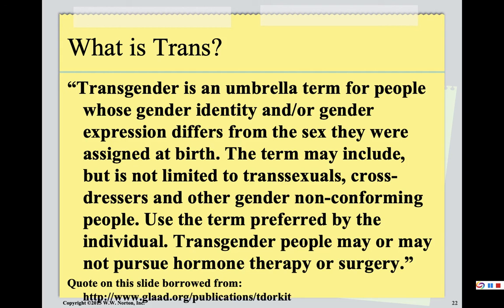Doesn't say anything about your sexual orientation. If you were born with those genitalia and chromosomes, but you think of yourself as male and as a man, and that's how you identify, you may identify as transgender. Again, doesn't say anything about who you would prefer in terms of a partner.